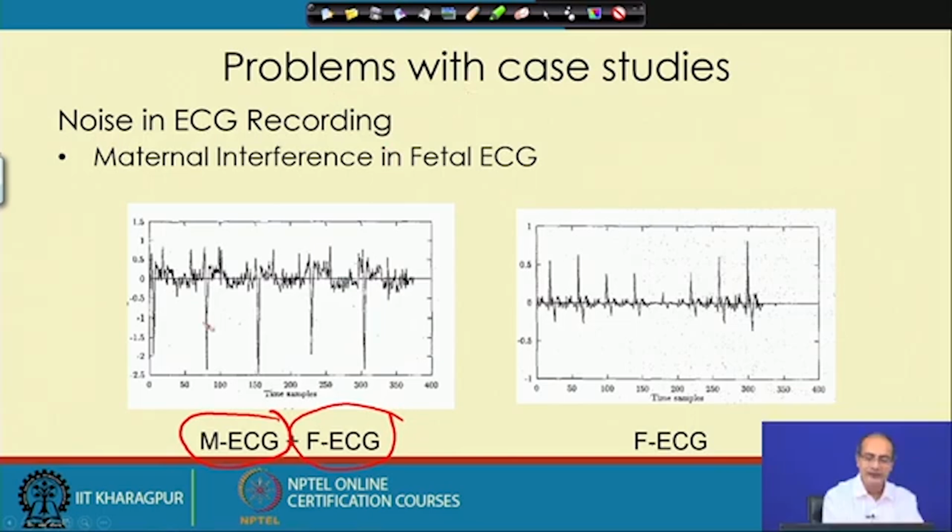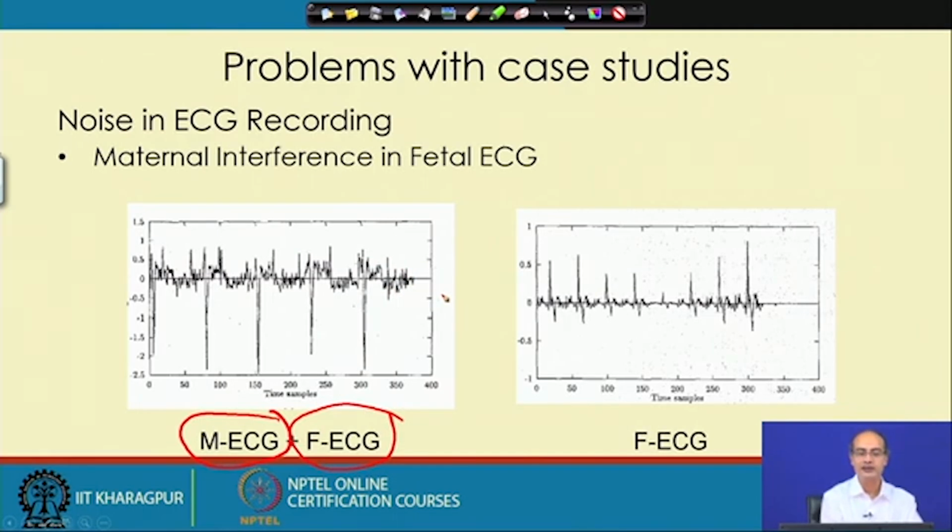Such interference may occur. As we see here, these big beats are the mother's ECG, and the small beats, which are also shown separately here, are because of the fetus. Another thing we note is that the fetus's ECG beats are much closer, which means the heart rate, the rate of pumping, is higher in the fetus.